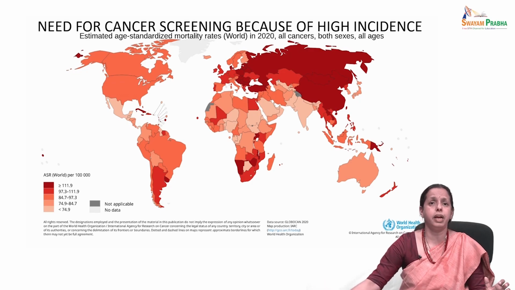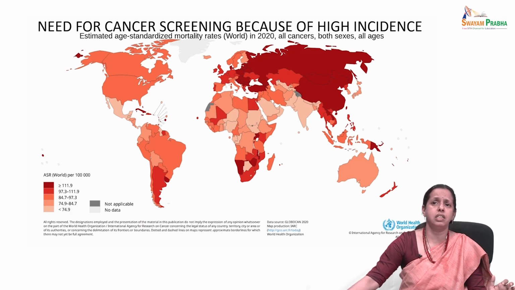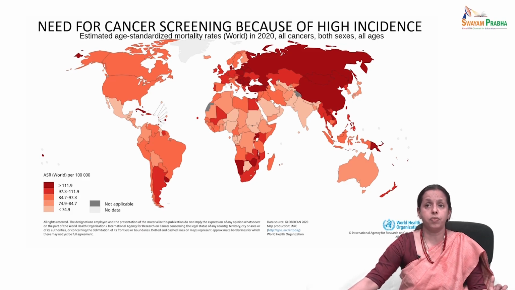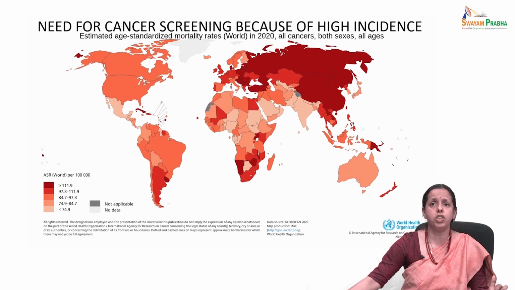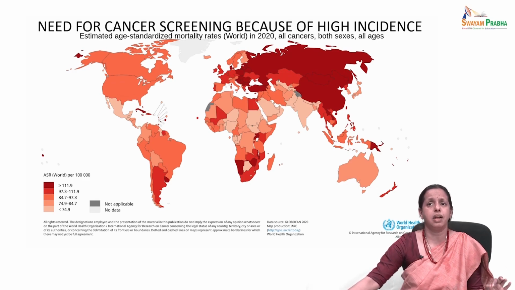Here the low income group countries and regions play a very big role in increasing the numbers. Why is this? Population growth, aging, and changes in the prevalence of risk factors all contribute to the increasing burden of cancer.